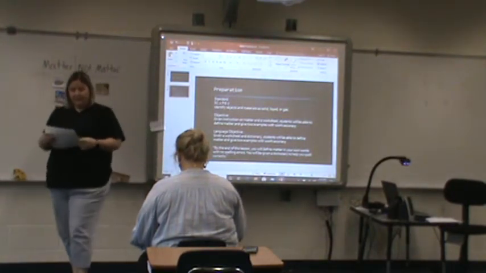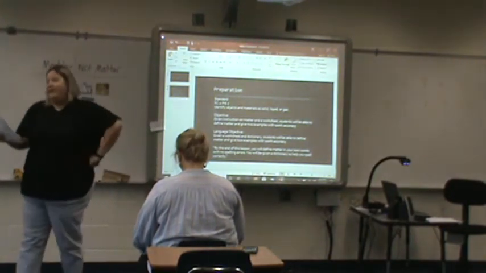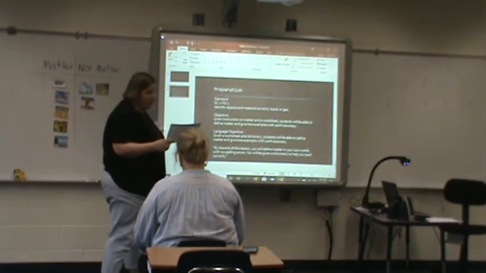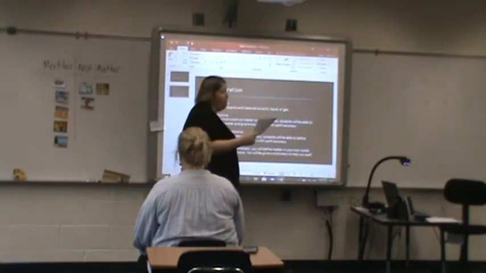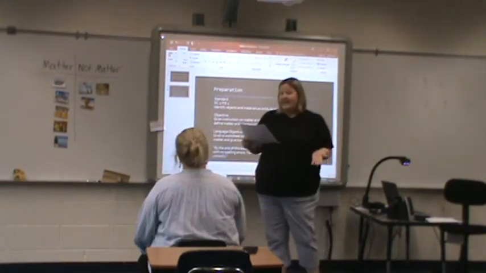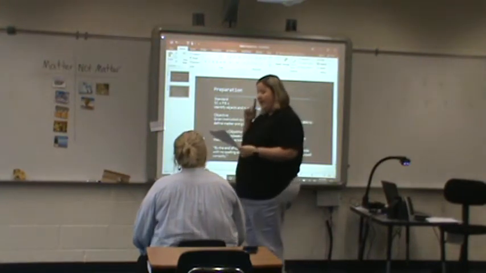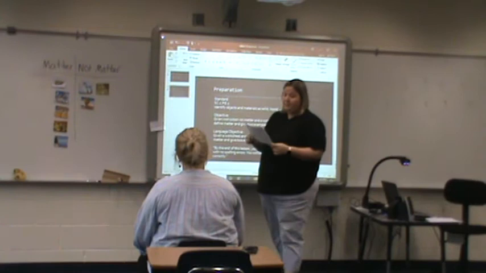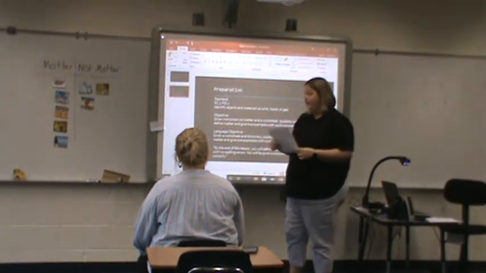Next page. It says all matter can be described using its properties. Properties are the way that matter looks, smells, tastes, feels, or sounds. We use our five senses to observe the properties of matter.